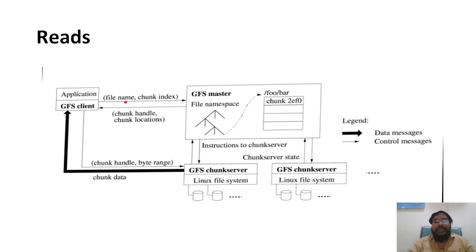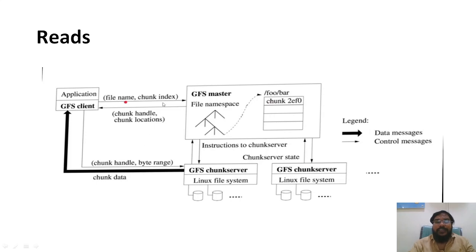Then, after retrieving the chunk server state, if the server is in working condition, the data is retrieved and sent to the GFS client. And say, for example, the server state says that the server is not working. Then it goes to the second replica, and from there the data is retrieved and sent to the GFS client. That is what happens.